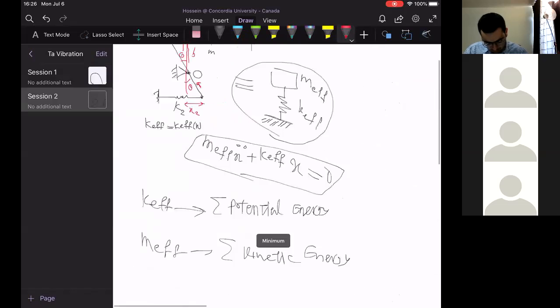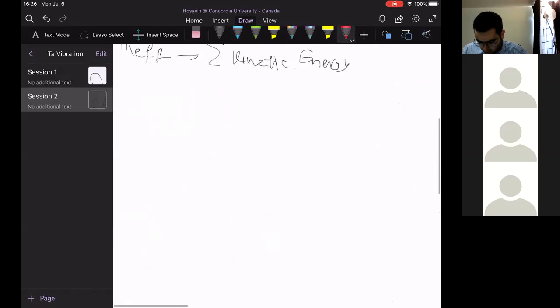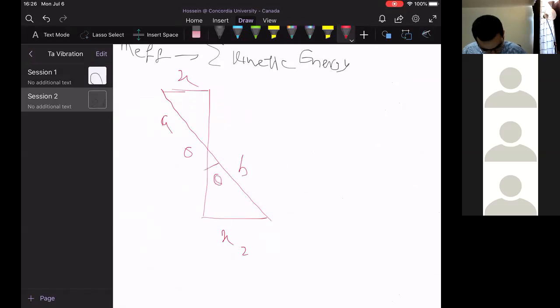So x2, O, A, and B. Theta and theta. So you could write, if I write sine of theta in the upper triangle, you could write x over a, right?